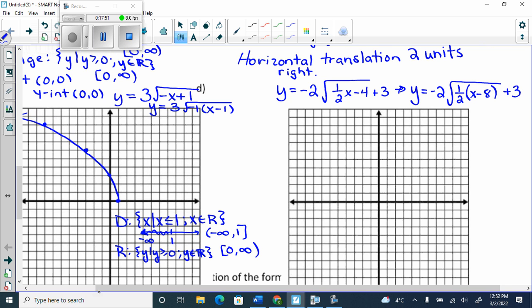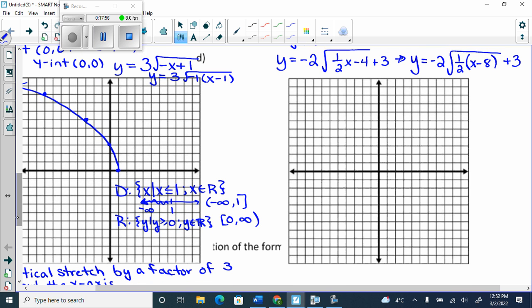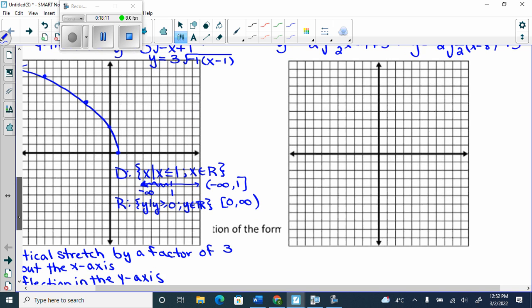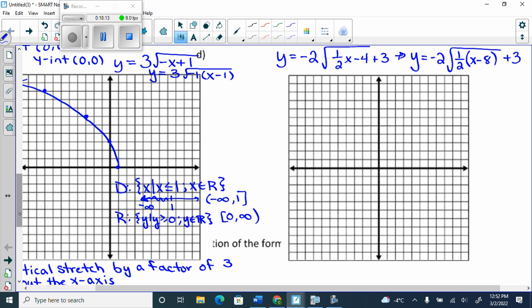We're going to look at this one. This one has a vertical stretch by a factor of 2 about the x-axis and a horizontal stretch by a factor of 2 about the y-axis, because your horizontal stretch always flips. If you're like, I can't remember that, you need to study it. Okay? You need to know.